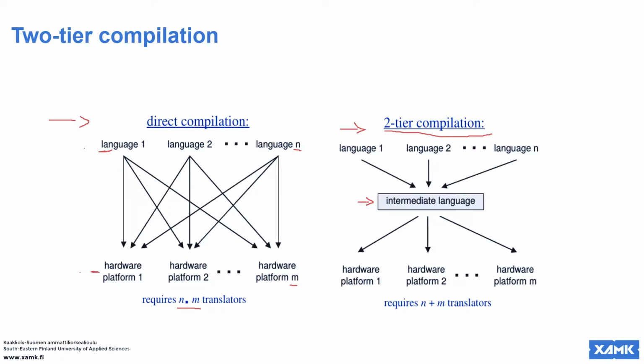And this greatly reduces the number of compilers that we would need. So for N languages and M platforms, we would require exactly N plus M translations or compilers. So we came down from N times M to N plus M.